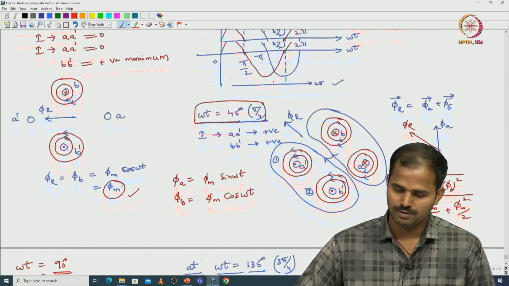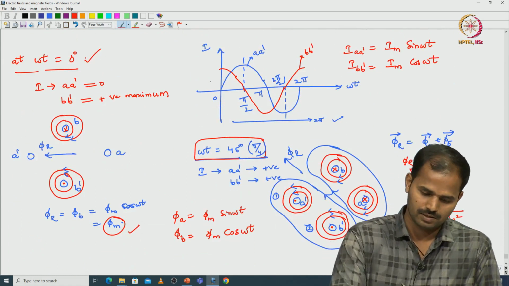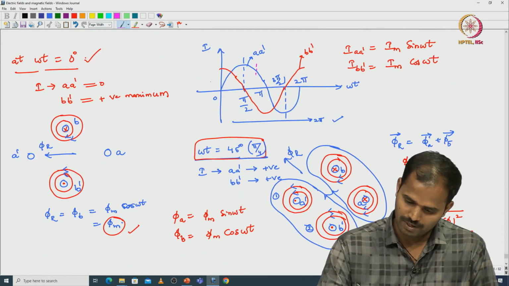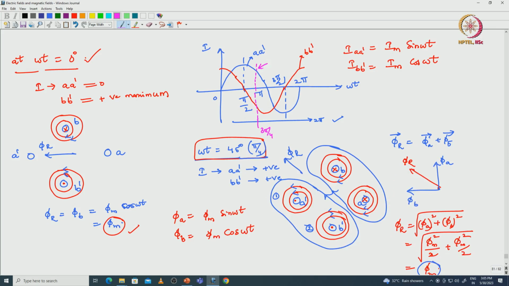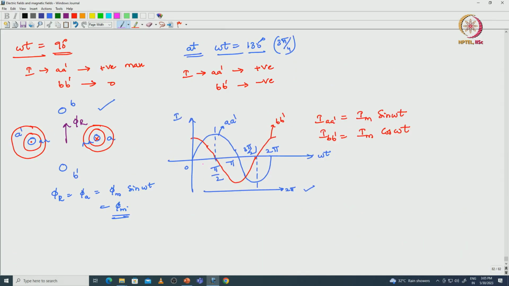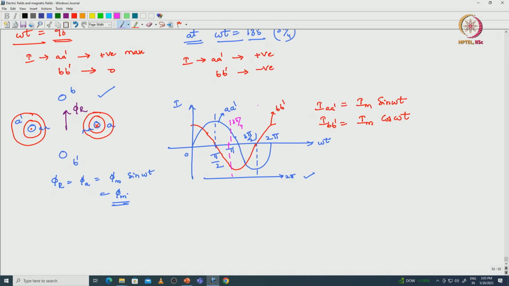We can observe from the figure here, this is the instant at 3 pi by 4. At this instant, the current with respect to A dash is positive and B dash is negative. We can see the current waveform at 3 pi by 4 also, at this instant. So, with respect to these particular currents, what kind of magnetic fields will be there, we will analyze now.